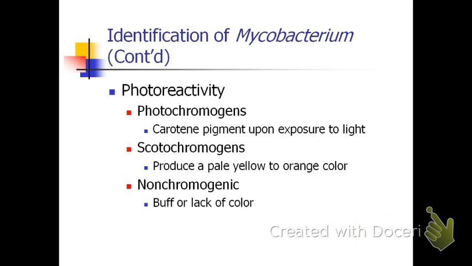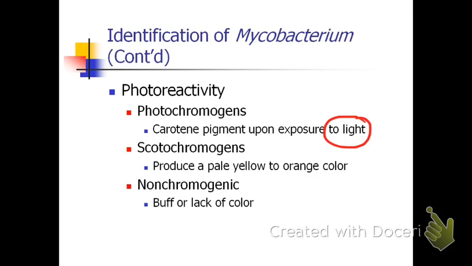Then, we can also identify Mycobacterium according to their photoreactivity. They could be identified as photochromogens, scotochromogens, or non-chromogenic mycobacteria. Photochromogens means that there is pigment in the presence of light.